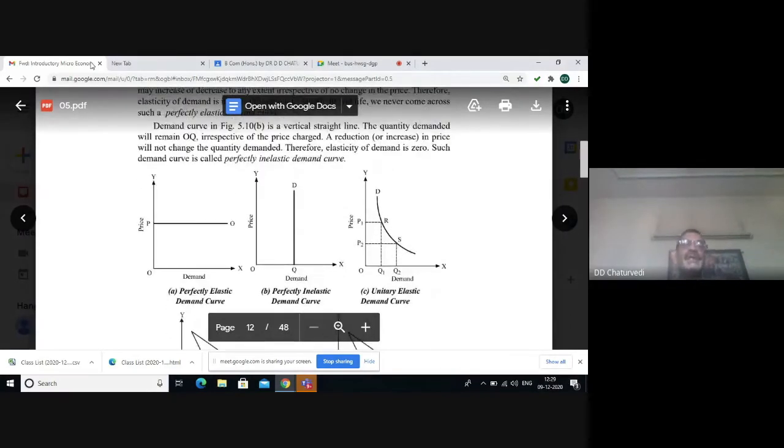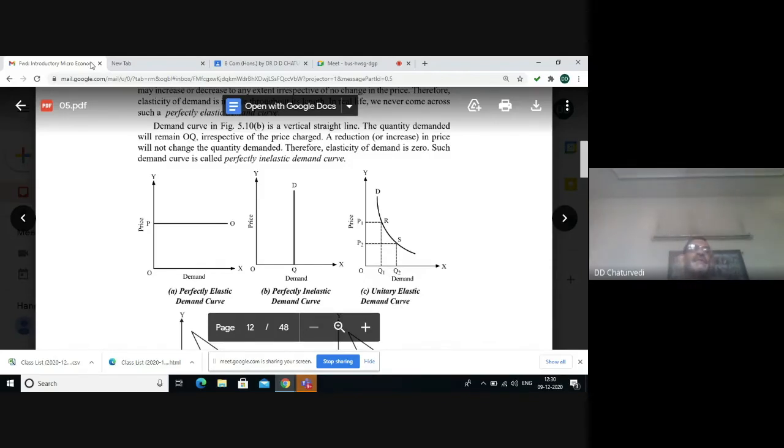In the first part A, the demand curve is horizontal. It is a case of perfectly elastic demand curve. Here elasticity of demand is infinity at every point. So even when you apply the point method, the formula for which is lower segment divided by upper segment, in this figure, that is part A, lower segment is infinity because this demand curve is meeting the x-axis at infinity.